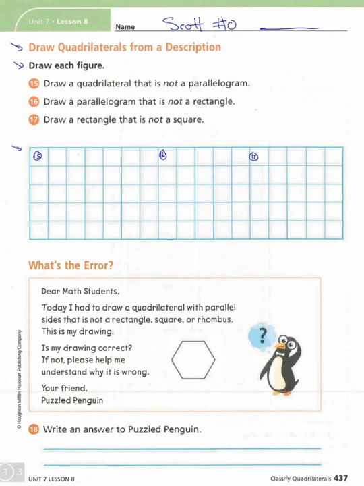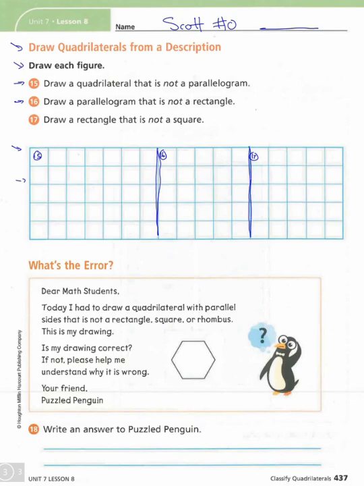Okay, so number 15. So here we go. Draw a quadrilateral that is not a parallelogram. So pause the video and go ahead and draw that in this area right here, number 15. All right, so now let's go on to number 16. Maybe I'll cut this up like that so you can see the spaces a little more easily.